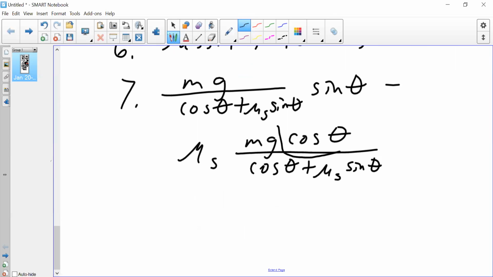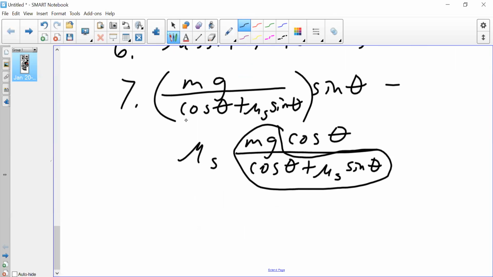Because remember, this was my n, and that was my n. And so mu s n cosine theta, n sine theta. You're pretty much ready to go. And you can factor out the mg's.